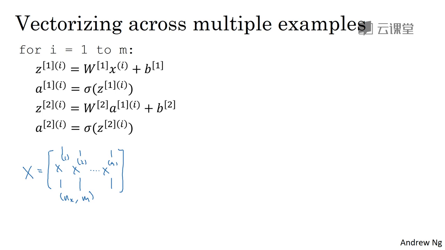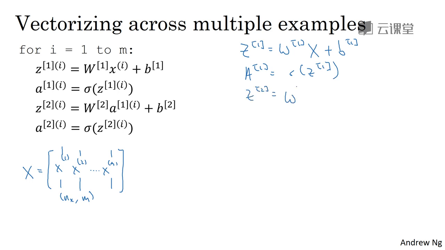Turns out what you need to do is compute capital Z1 equals W1 X plus B1, capital A1 equals sigmoid of Z1, then capital Z2 equals W2 times A1 plus B2, and then A2 equals sigmoid of Z2.